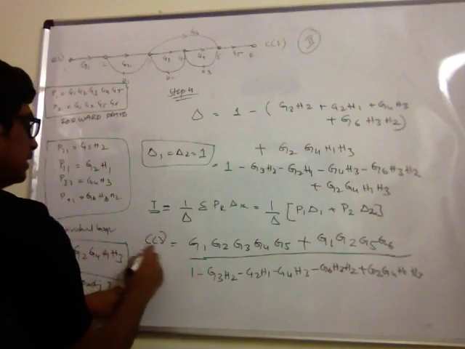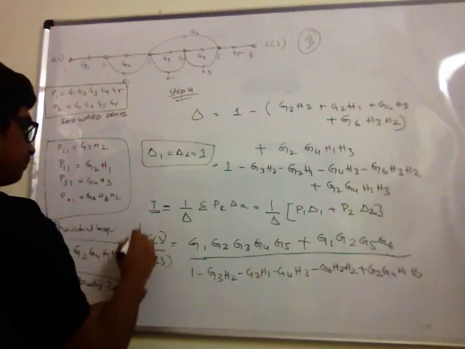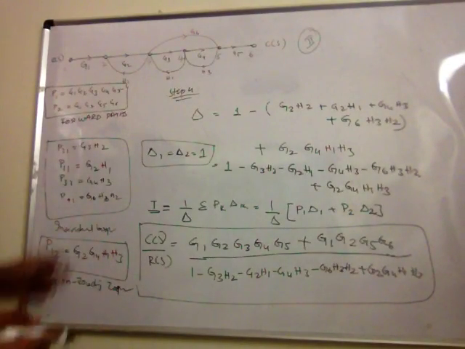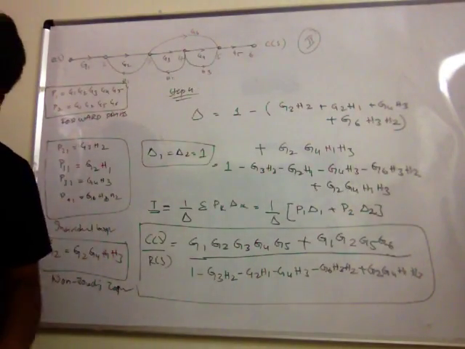So this is my C of S by R of S, and this is what I actually wanted to find out from the given signal flow graph.